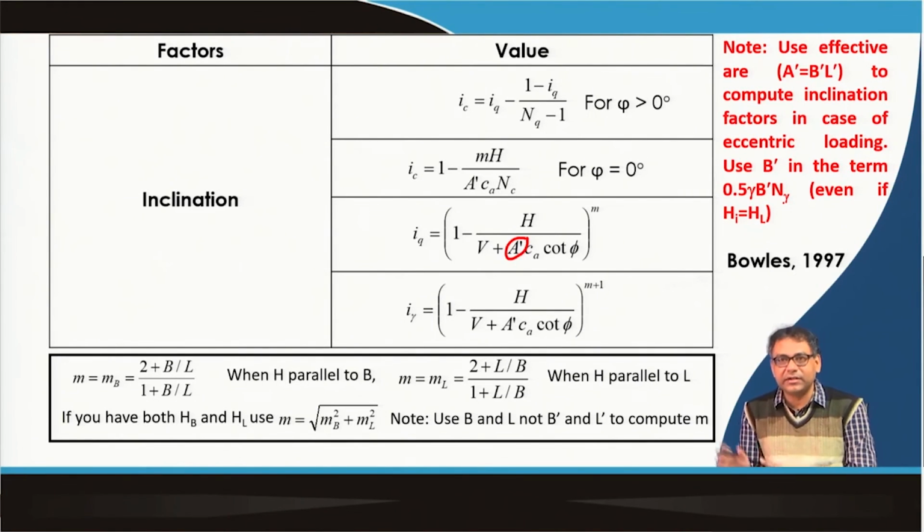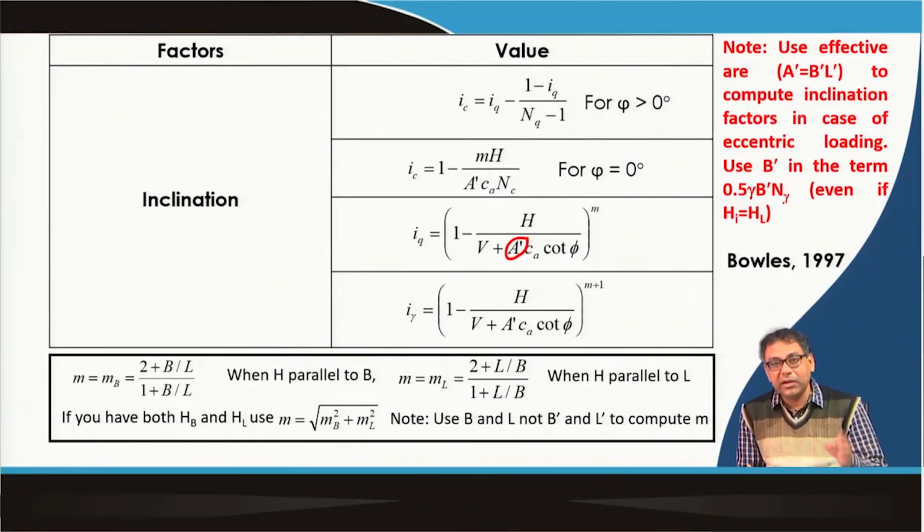In all these three cases, the three theories that I have discussed, in the third term you have to use B dash, I mean effective width. But for Meyerhof, all the factors will be calculated by using B dash and L dash. For Vesic, factors will be calculated considering B and L except the A, where you have to consider A dash.